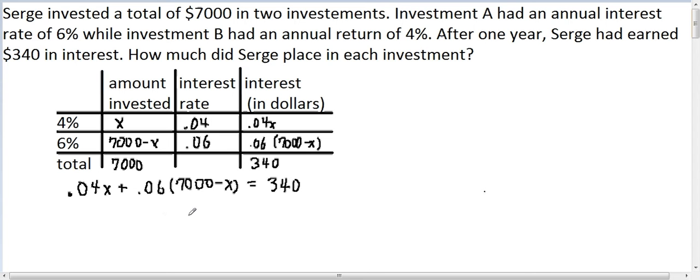Generally, whenever I can avoid it, I try to avoid using decimals. So let's go ahead and multiply this equation through by 100.